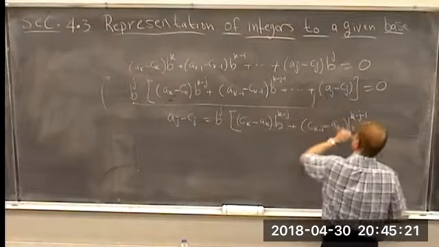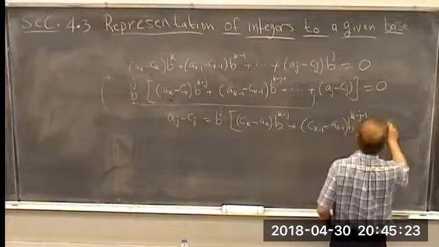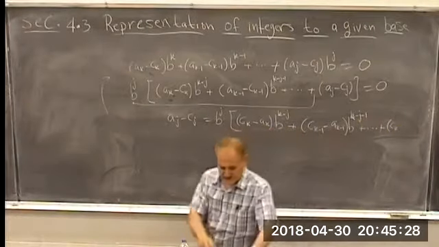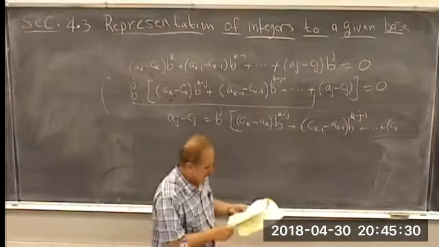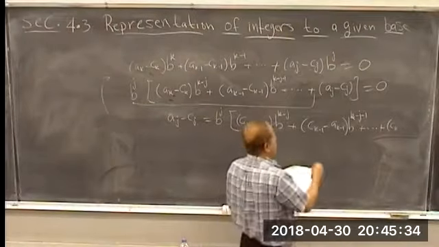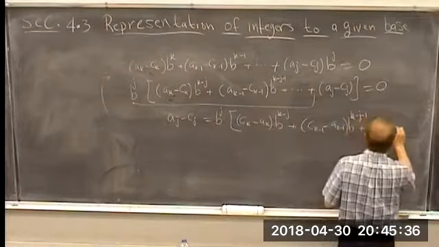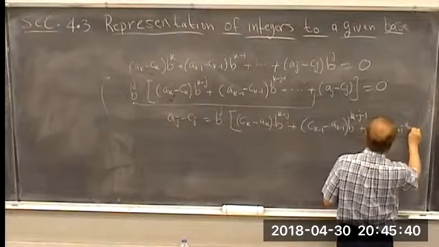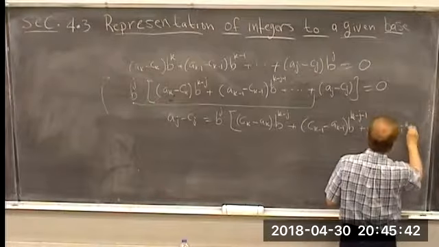And the very last term in here, let me see what it is going to be. Yeah, it will be C_{j+1} minus A_{j+1}.